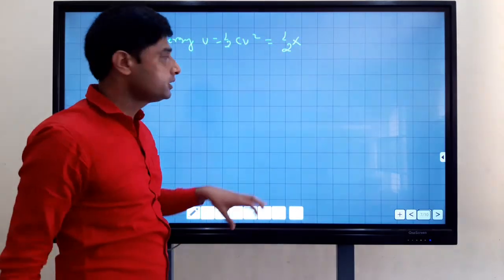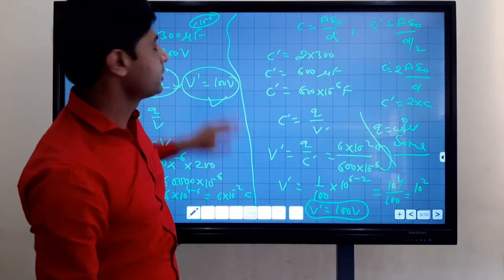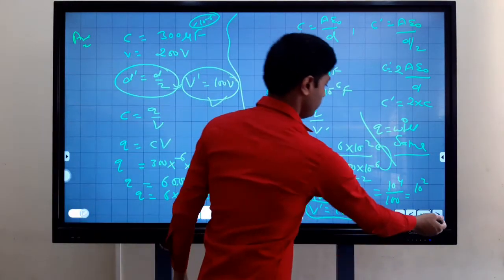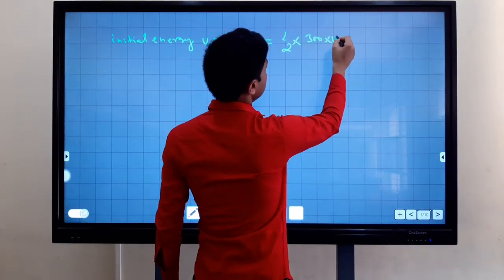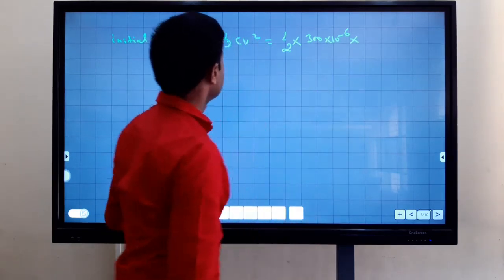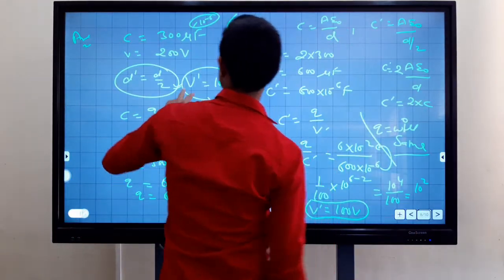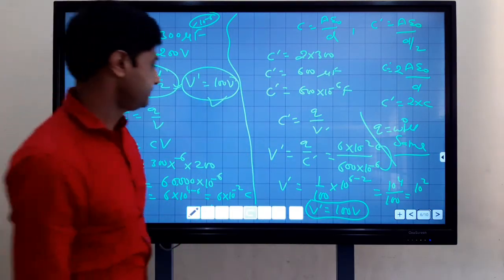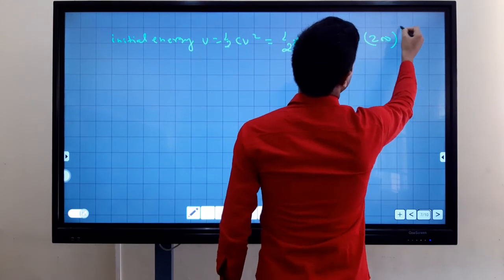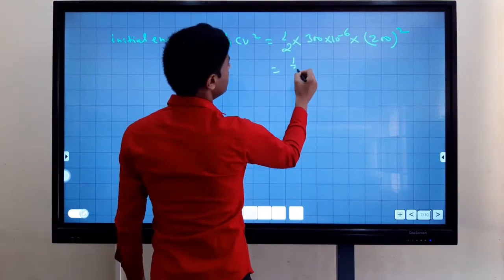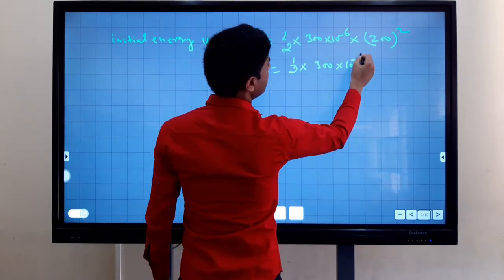The value of C is 300 microfarad, the initial capacitance, which is 300 into 10 to the power minus 6. And the initial voltage is 200 volt, so 200 square.